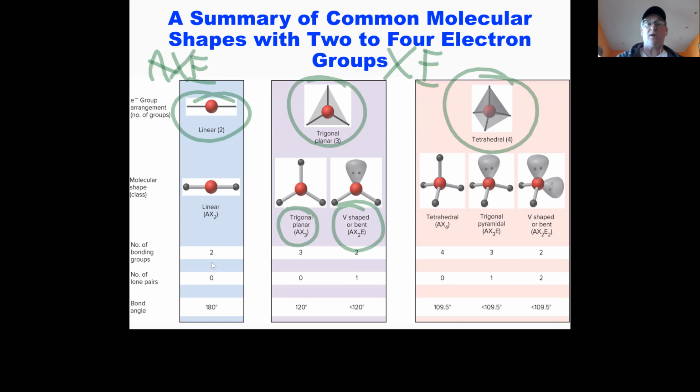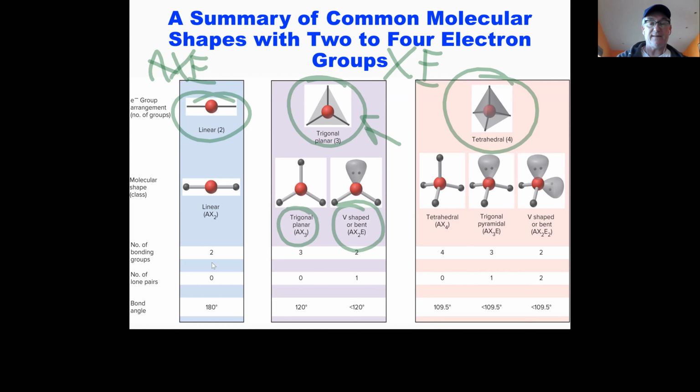They both fall, and I can't hammer this enough, in this overall geometry, but there's a difference between geometry and shape. Geometry tells you how both the atoms and the lone pairs are arranged in space. The shape just tells you the atoms, okay? So remember the difference between them.